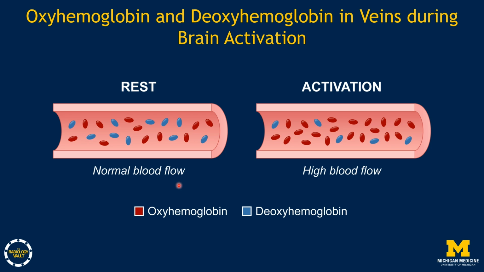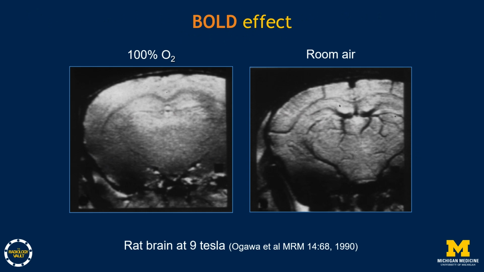But when the person starts performing a task and a part of the brain requires more oxygen, the body tries to supply more oxygen, capillaries open up, and the blood rushes in with more oxyhemoglobin. Whenever there is more oxyhemoglobin, the magnetic signature changes. That is known as the blood oxygen level dependent effect, or blood oxygen level dependent imaging.